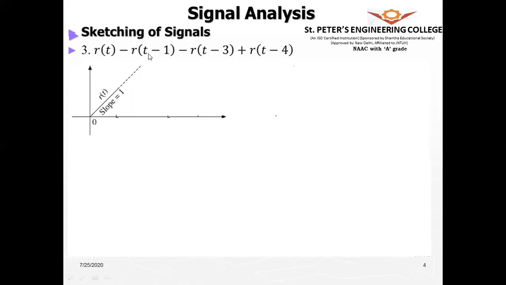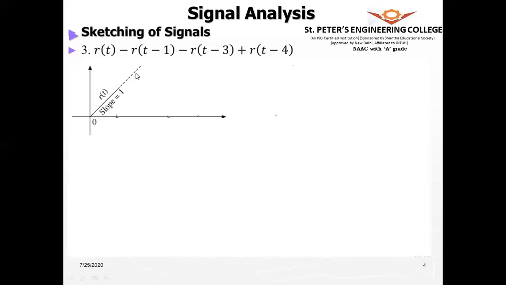One at t equals 0, one at t equals plus 1, one at t equals plus 3, and one at t equals plus 4. Now, if you observe these signals, this is having a negative slope. This is also having a negative slope because the sign outside for this amplitude is minus, so it will be a negative slope, whereas this is a positive slope and this is a positive slope.